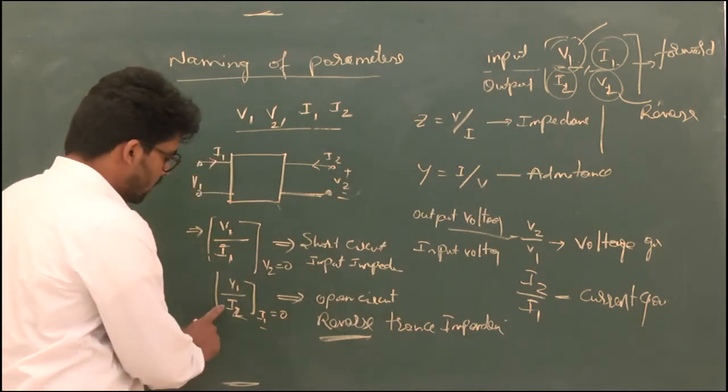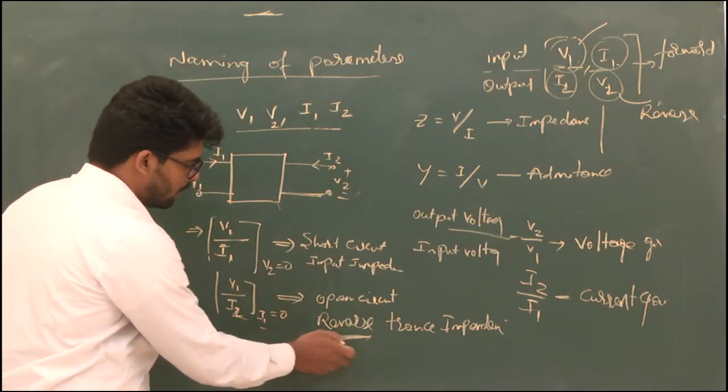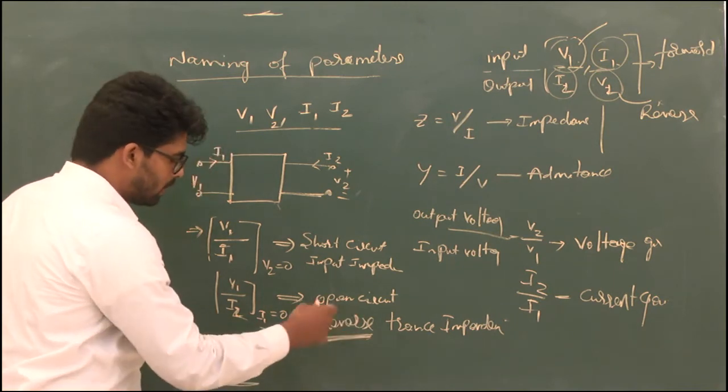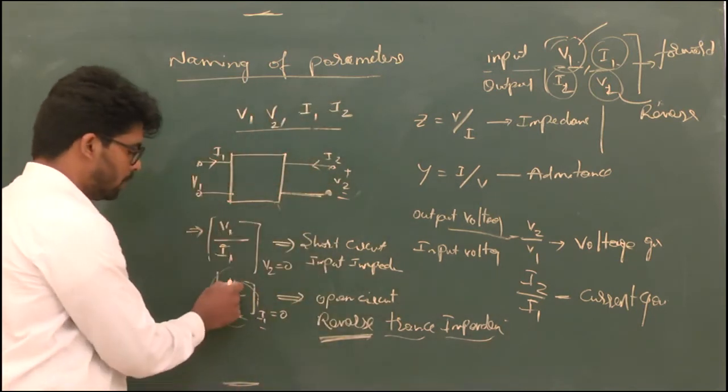In this case we got input by output, therefore it is labeled as reverse transfer impedance.